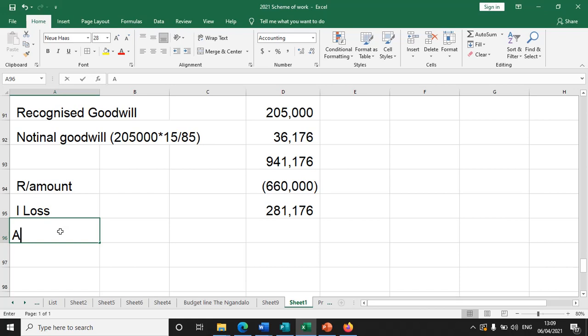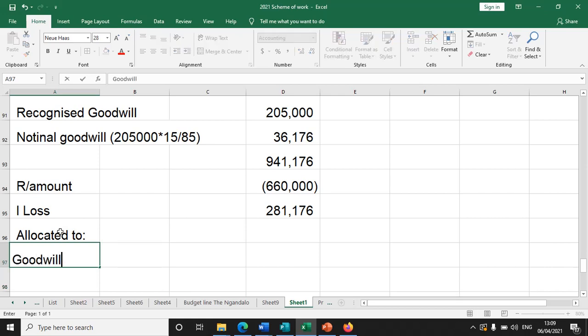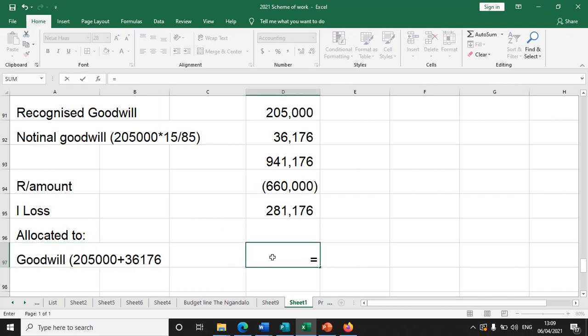Now this figure should be allocated in the right order. We shall allocate that 281 first of all to goodwill. That means recognized goodwill as well as notional goodwill. So the recognized goodwill is 205 plus the notional goodwill is 36,176, if I'm not mistaken.